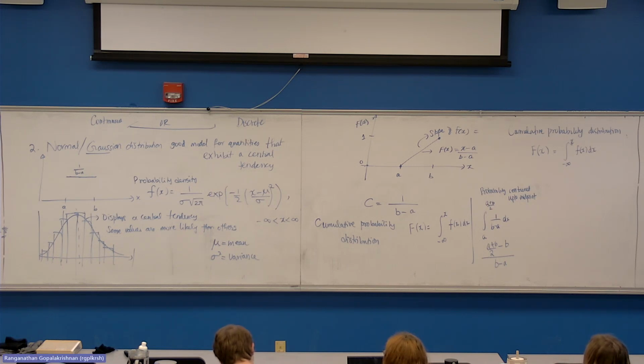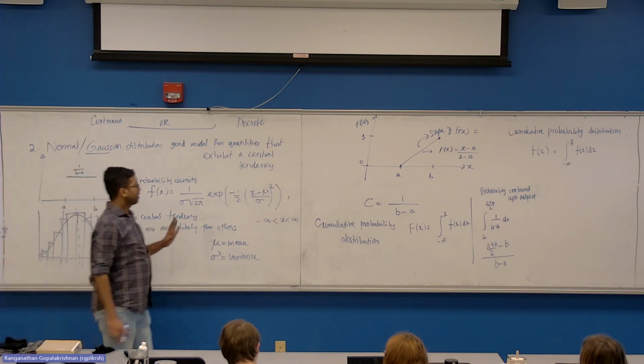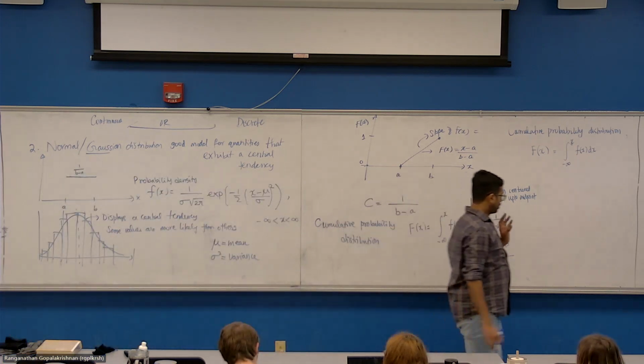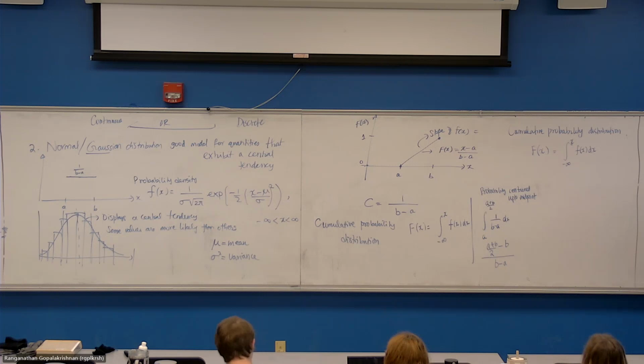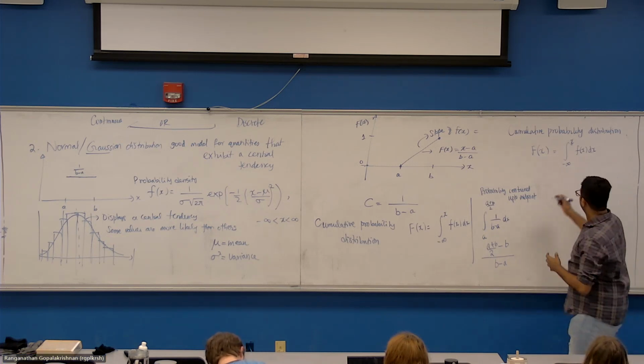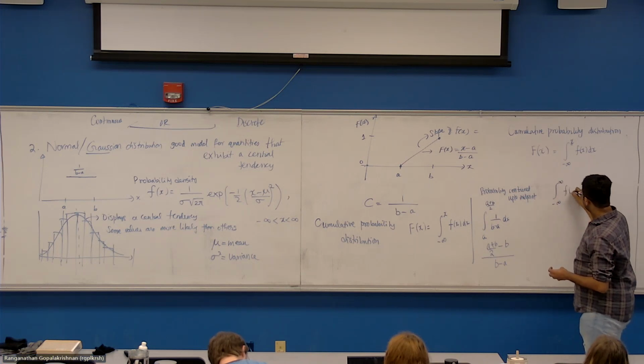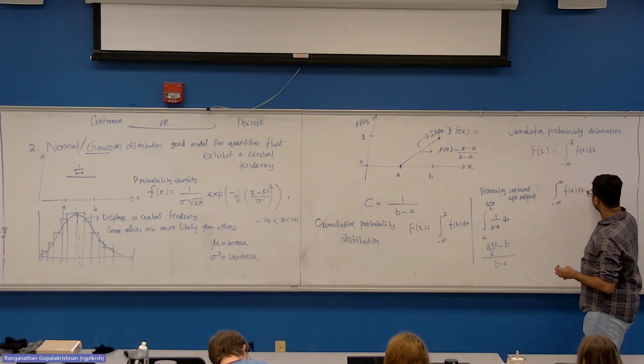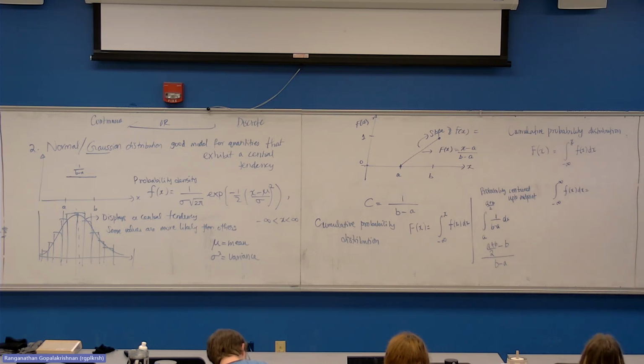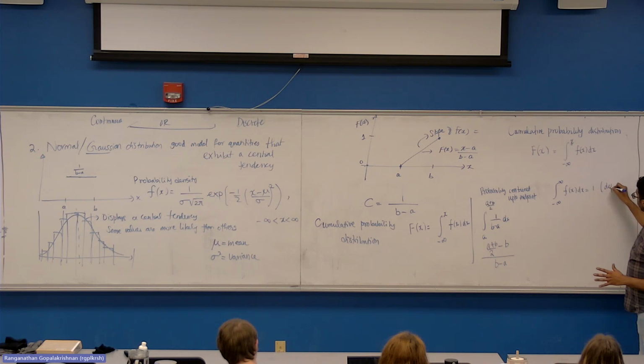Before we start doing some calculations, let me ask you some questions. What is the value of the integral from minus infinity to infinity of f of x dx, in general for any distribution? What is your response? 1. This is by definition, right? Okay.